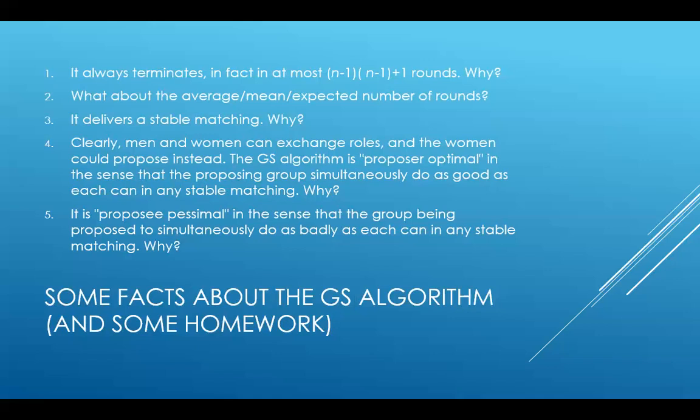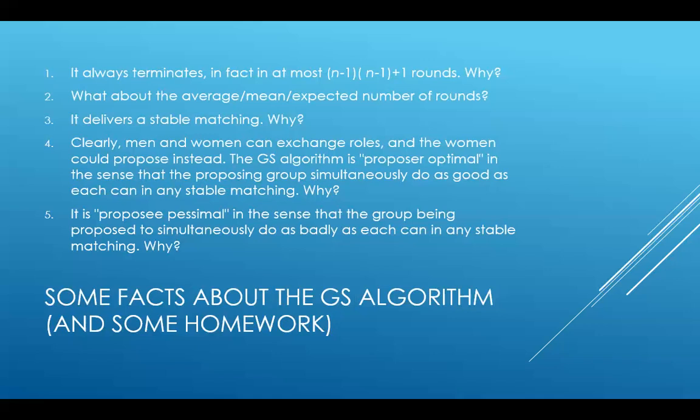They're going to end up with the lousiest possible husband on their preference list. So in the Gale-Shapley algorithm, the proposers do as best as they possibly can, and the proposees do as badly as they possibly can, in any stable matching. Sometimes there will only be one stable matching, in which case it doesn't really matter.